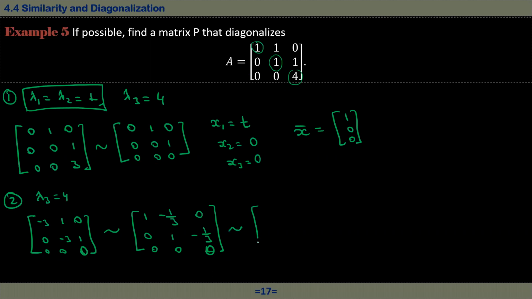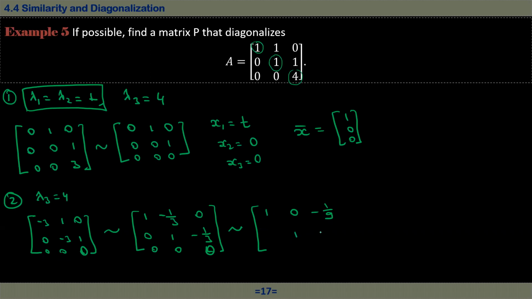So from here, if you multiply the second row by 1 over 3 and add to the first row, we have 1, 0, 1 over 3. You just multiply by 1 over 3, so here we have minus 1 over 9.